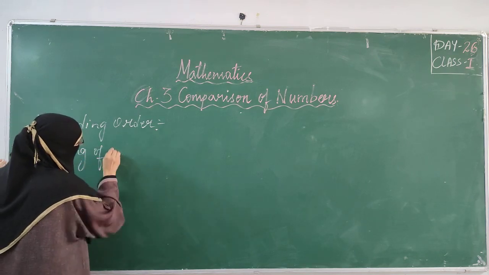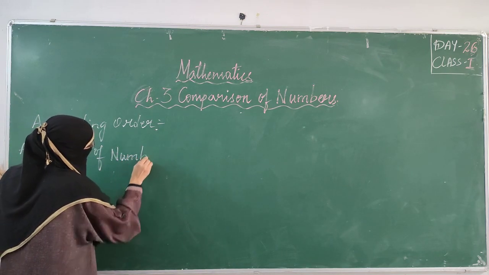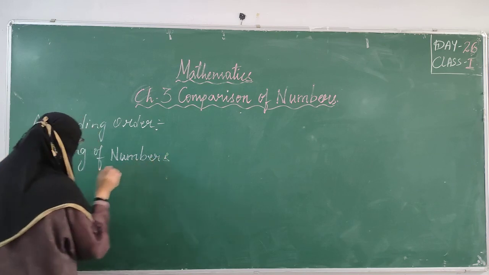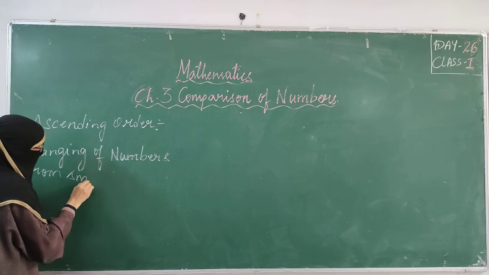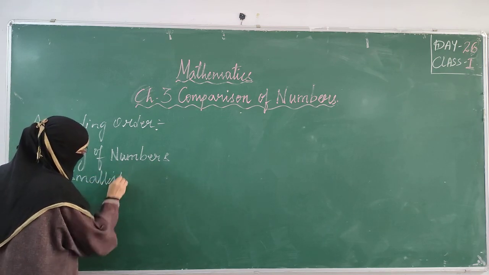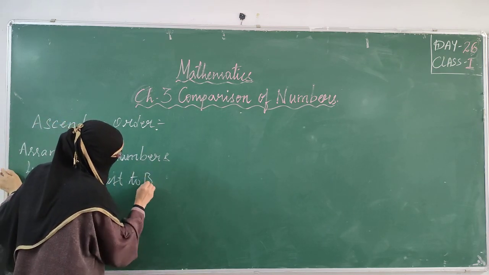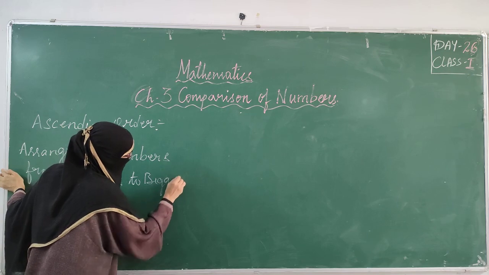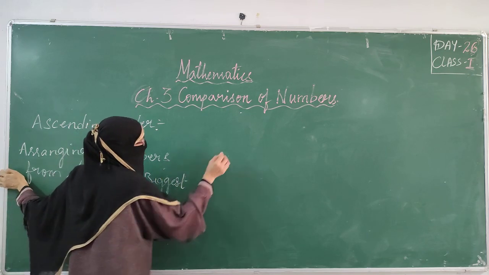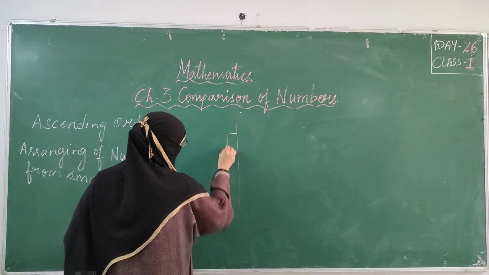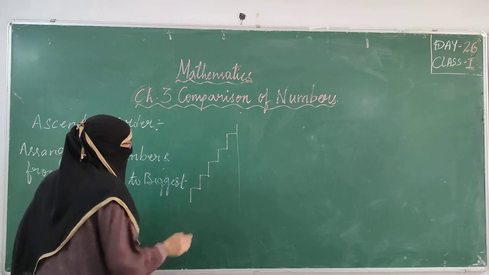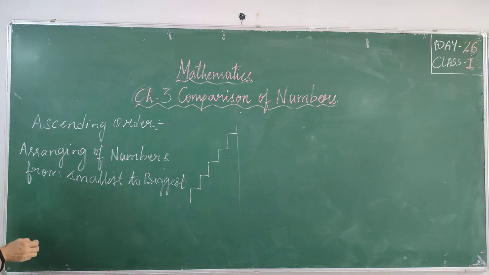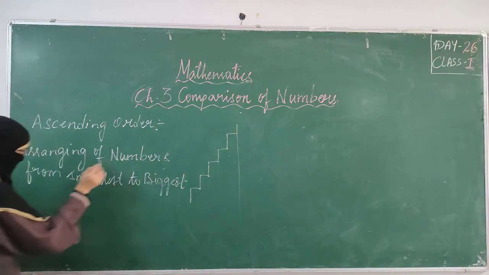Arranging numbers from smallest to biggest is ascending order.